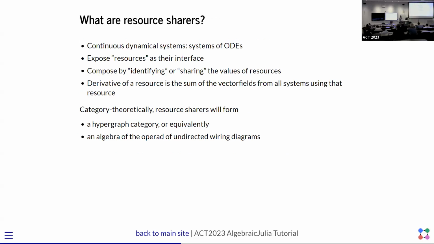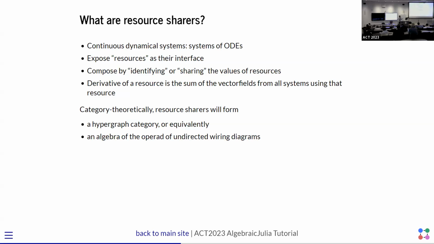Okay, so what are these resource sharers? We're going to work in a continuous setting, so we're thinking of them as systems of ordinary differential equations. What they expose along their interfaces are sort of resources, and you compose, as I said before, by identifying or gluing or sharing these resources.